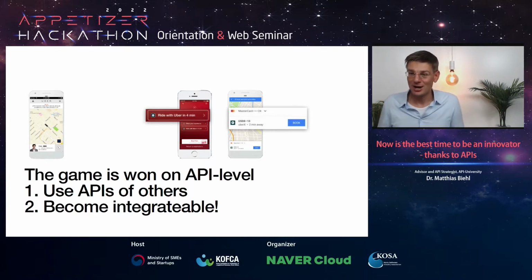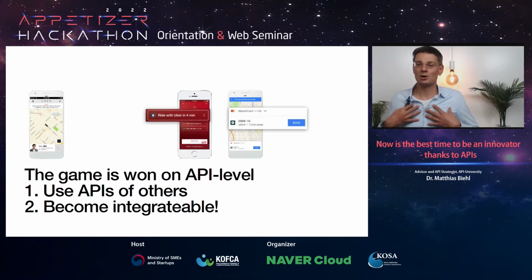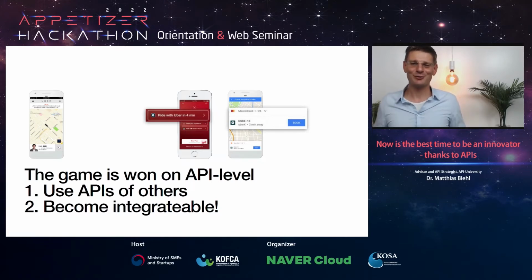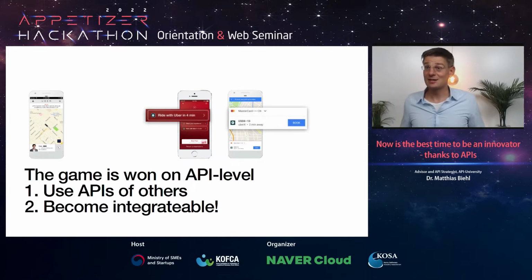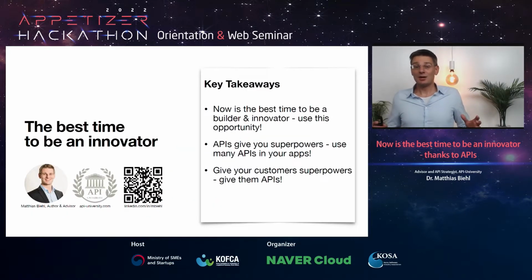Either you compose your applications of the APIs that are already out there, or you become someone who provides those APIs for others to innovate with. And some of the best companies actually do both simultaneously and have maximum leverage in the API economy. So that's why I think this is the best time to be an innovator.